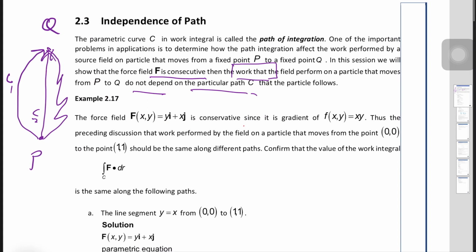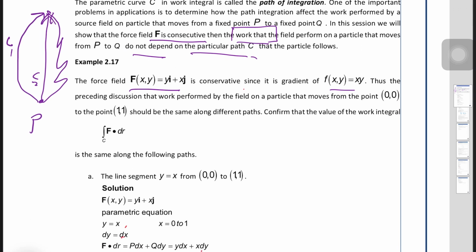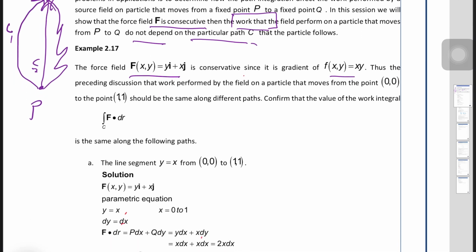Example 2.17. The force field F(x,y) equal to yi plus xj is conservative since its gradient is f(x,y) equal to xy. Thus, by the preceding discussion, the work performed by the field on a particle that moves from the point (0,0) to the point (1,1) should be the same along different paths.